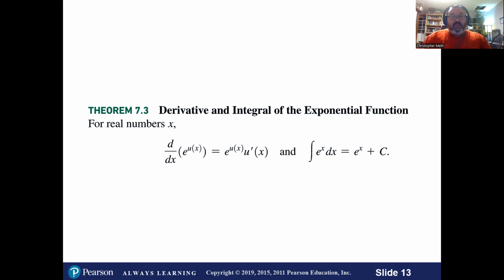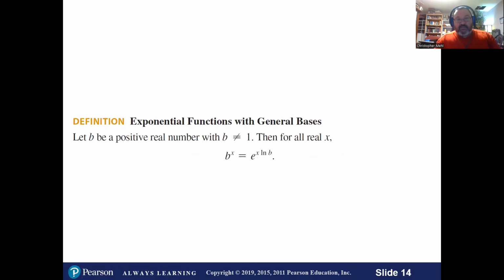This theorem states it in terms of the chain rule, right? The derivative with respect to x of e to the u of x is going to be e to the u of x times u prime of x, just a chain rule there. And integrating the exponential gives you the exponential function again. Okay. All right.